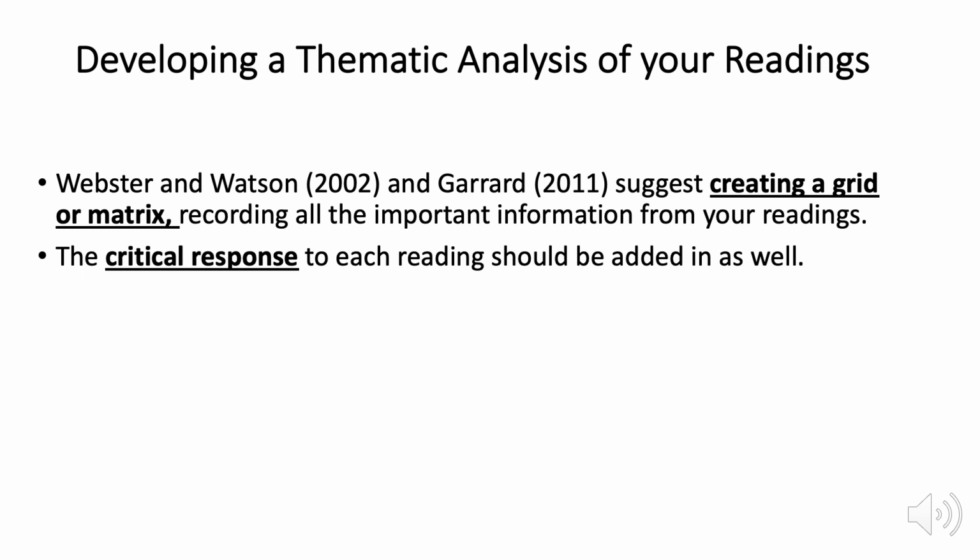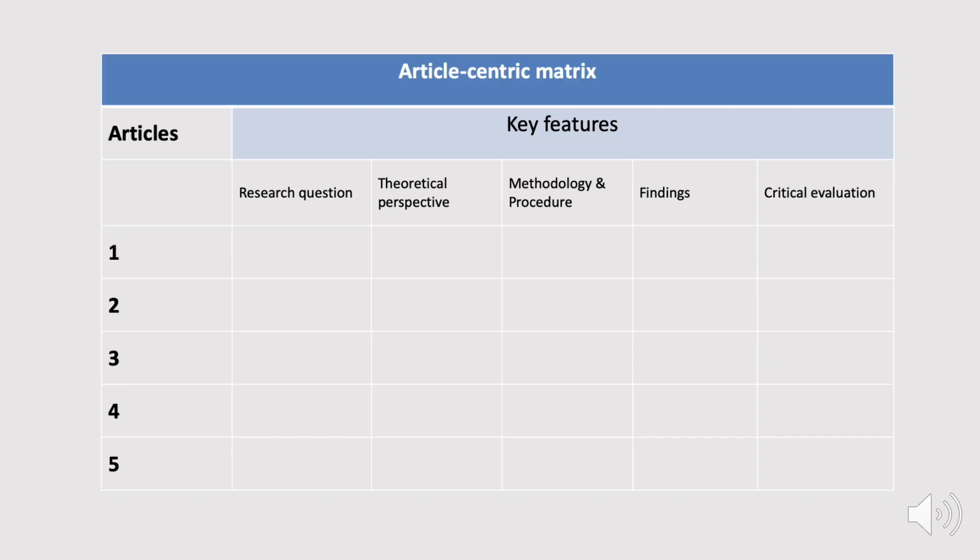So the question is, how would you develop a thematic analysis for your readings? Research suggests that creating a grid or matrix will help you record all the important information from your readings. You can add a critical response to each reading or each article in the matrix. For example, here you can see an article-centric matrix.